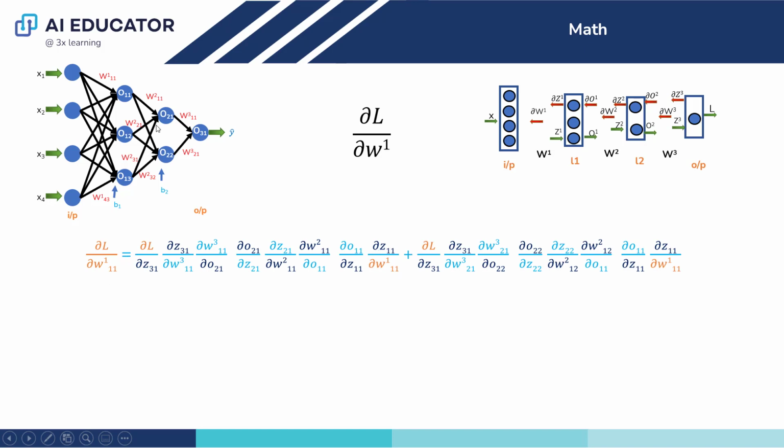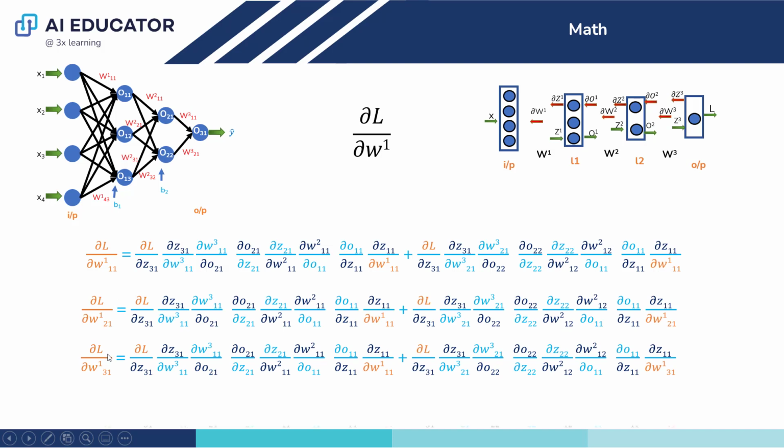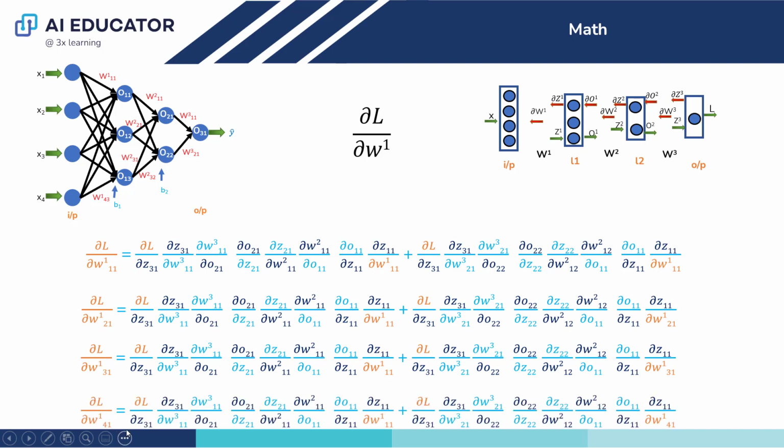Here we are taking a plus because we can go in two directions to W111. In a similar way, we can calculate ∂L/∂W121, ∂L/∂W131, and ∂L/∂W141. Okay.